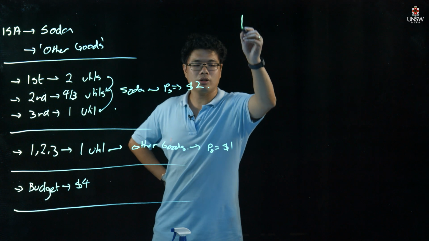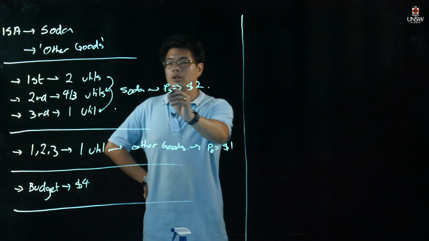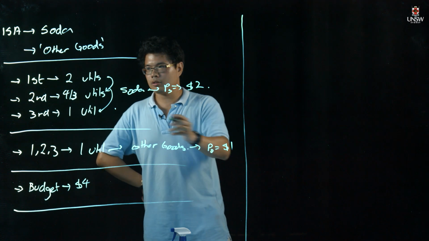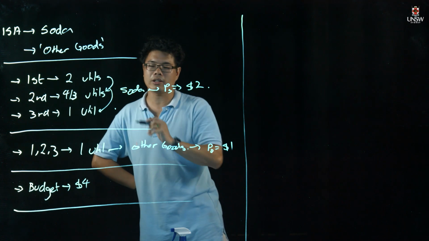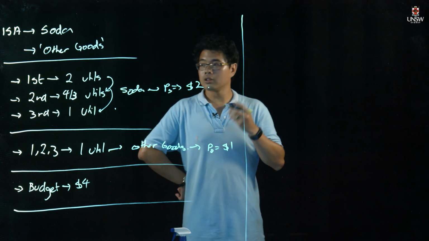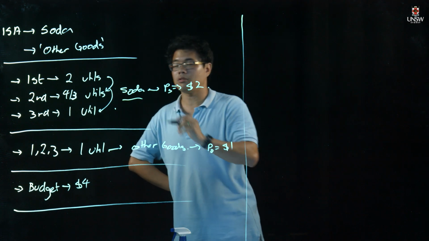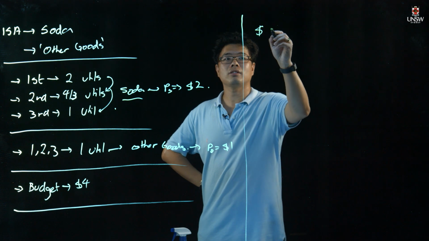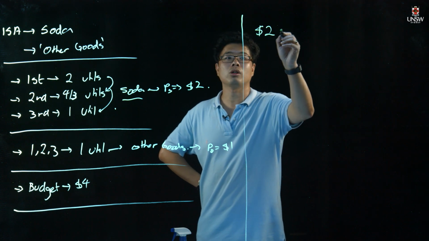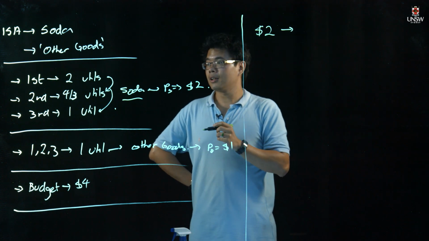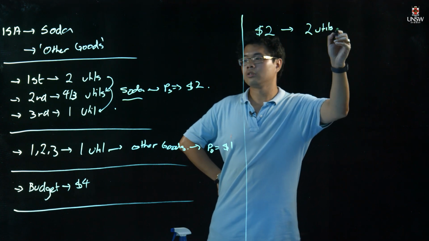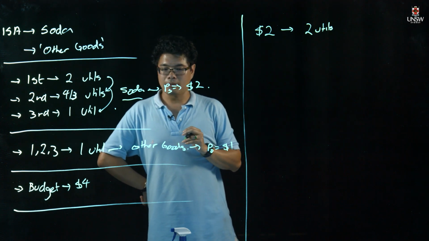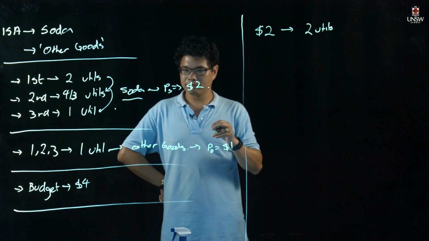For the first decision, do I want to consume the first unit of soda or do I want to consider other goods? With the soda, the first unit, I would have to sacrifice $2, and I get 2 utils of benefit.